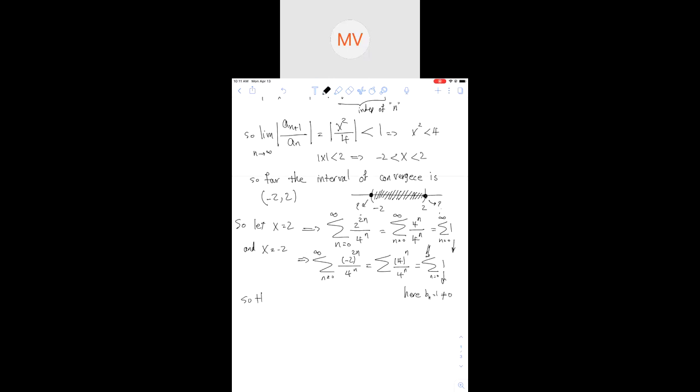So x to the 2n over 4 to the n only converges for x's in this interval, -2 and 2, exclusive at the endpoints, or open interval.